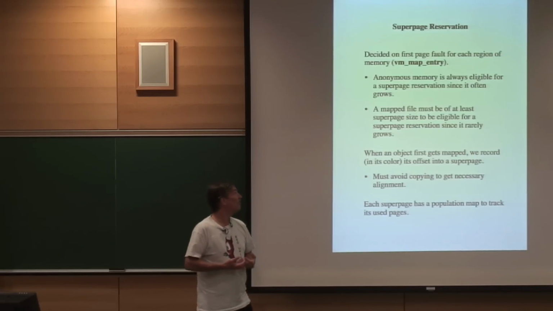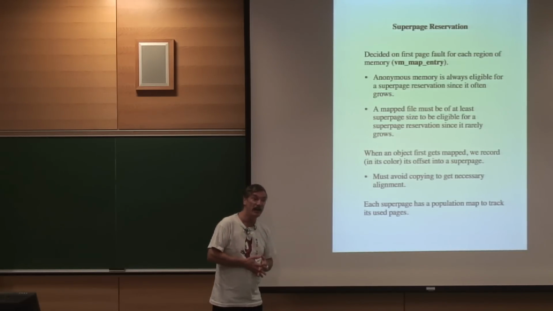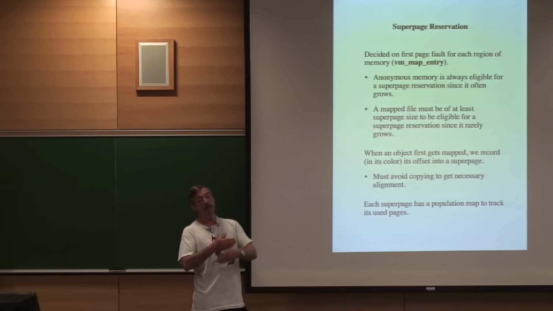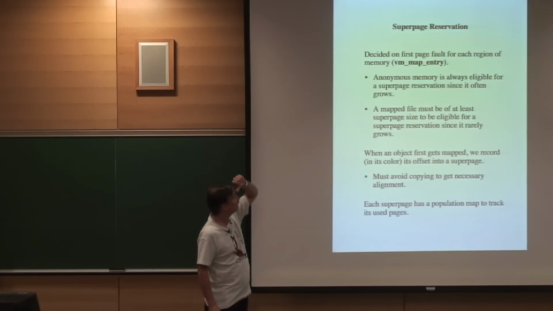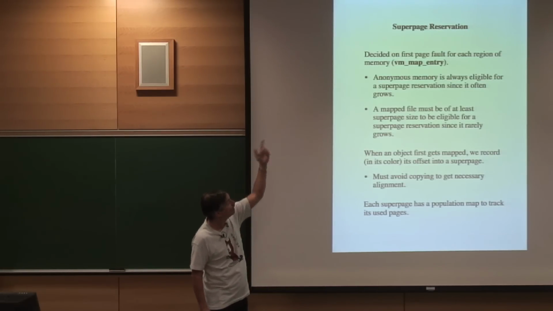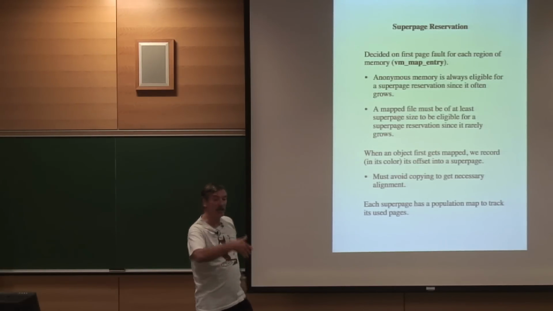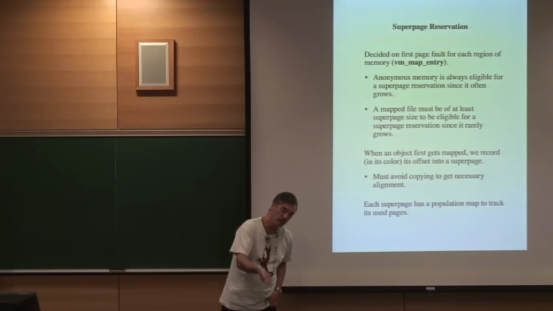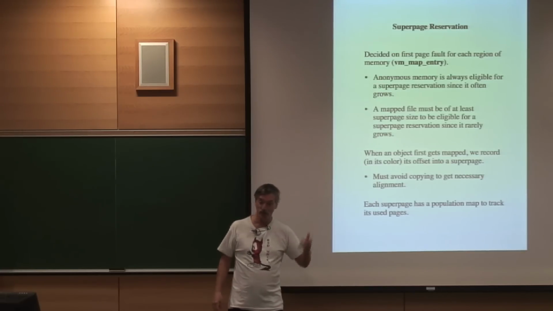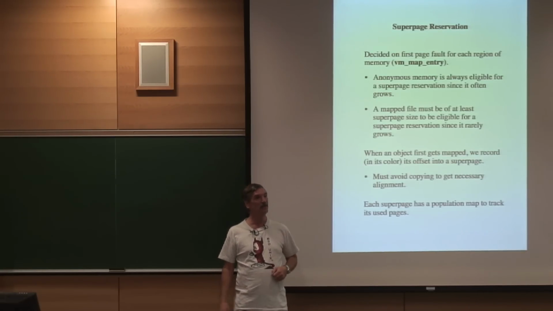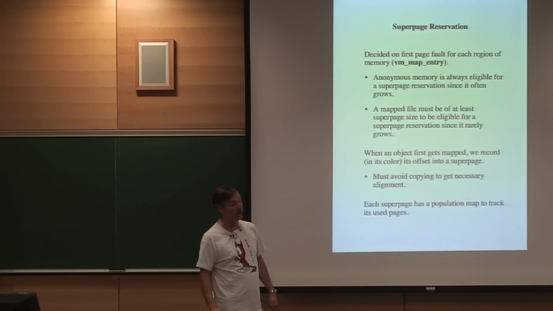as usual, we don't a priori really know exactly what your application is going to be doing, and so we need to figure it out as we go along. So the first decision point comes when you map in the region and now you start taking a page fault. When you do the first page fault, we have to decide, all right, how are we going to service this? One choice is we can give you a 4K page. The other choice is we could give you a superpage.